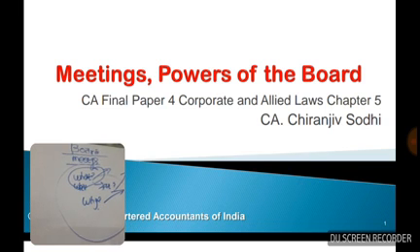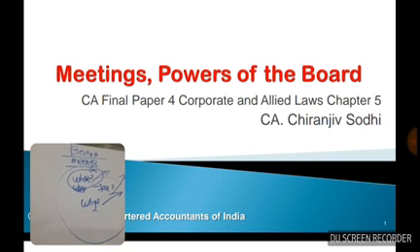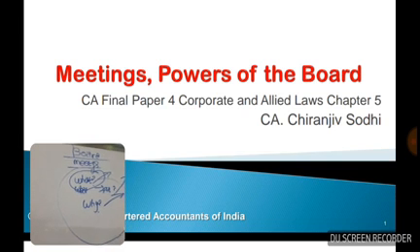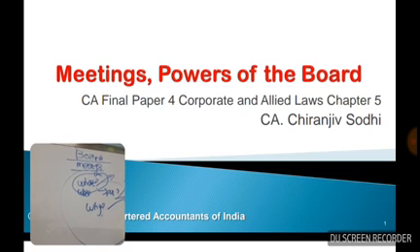They have to discuss how they can build the business, and also some decisions have to be taken in the board meeting, such as how much dividend has to be declared, how much bonus has to be given, how much buyback can be made, and approving the annual financial statements. Some of these are things where the board has to take the decision and approve it.